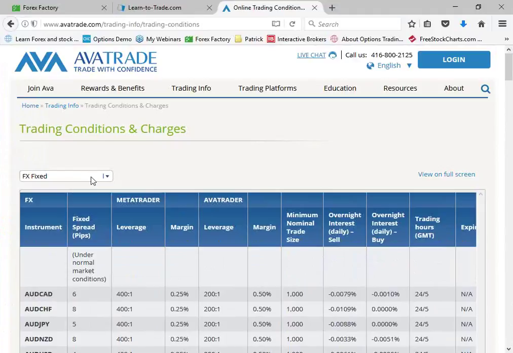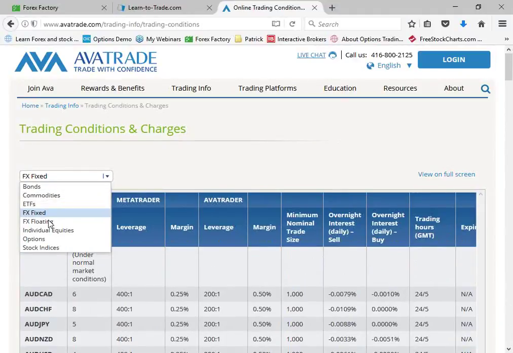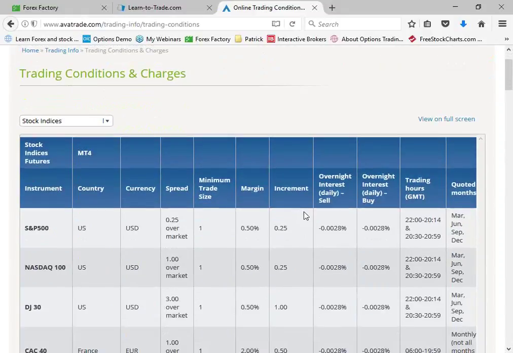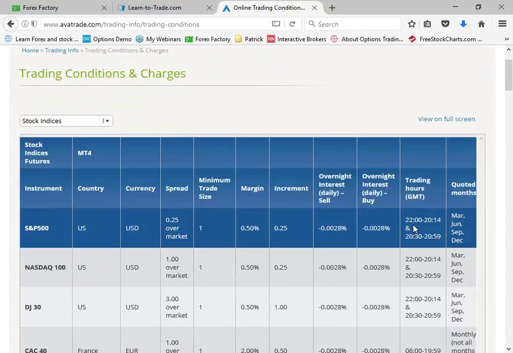Now, if I wanted to look at some indexes, stock indexes, so I wanted to look at the S&P 500, GMT time, it tells you GMT time, 2200 hours to 2014. Well, GMT time is 5 hours difference between Eastern time. So 2200 hours is, I believe, that's 10 o'clock.